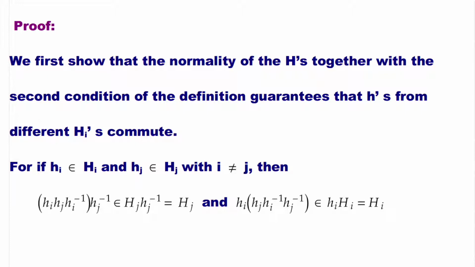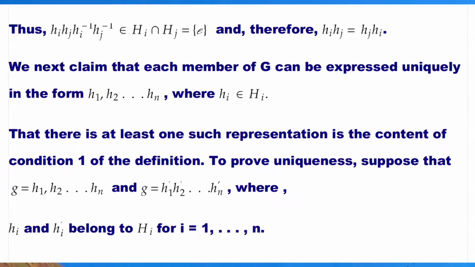Similarly, hi hj hi inverse hj inverse belongs to Hi. Therefore, hi hj hi inverse hj inverse belongs to Hi intersection Hj. We can see that the same element belongs to Hj as well as Hi. But we know that this intersection is equal to the identity element e. This implies that hi hj is equal to hj hi.